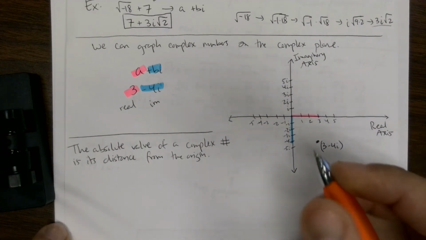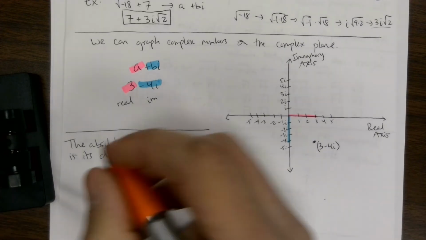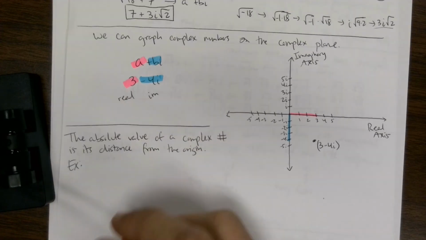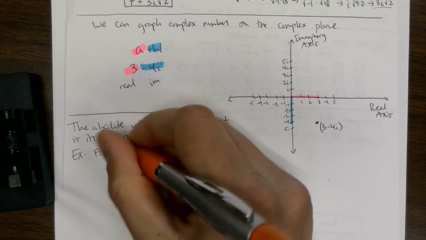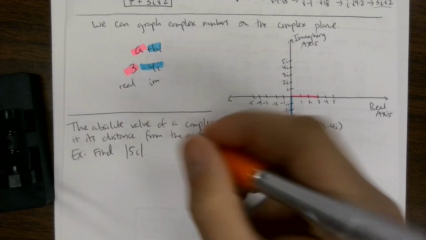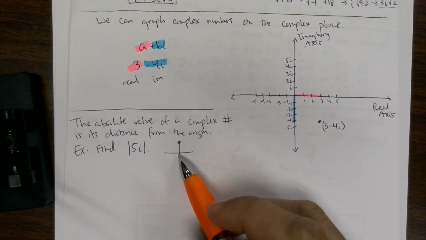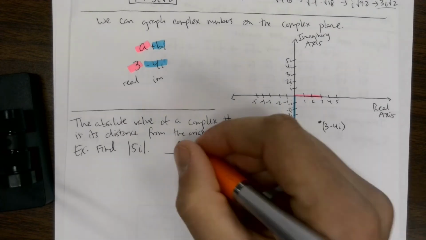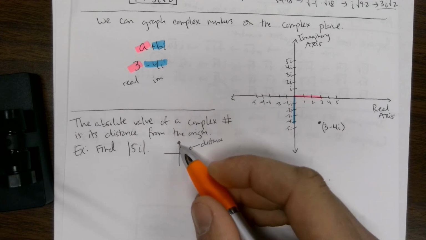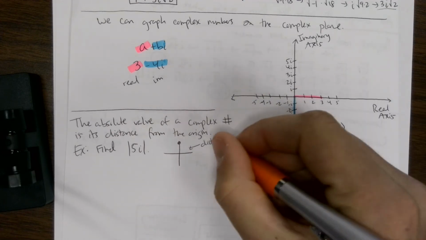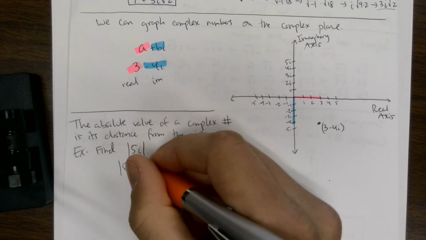Let's look real fast at an example. Find the absolute value of 5i. If I look at this on the complex plane, 5i appears up here on the imaginary axis. I can just count 5 units. The distance here is 5. So the absolute value of 5i is equal to 5.